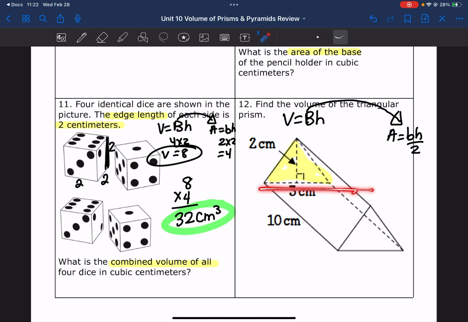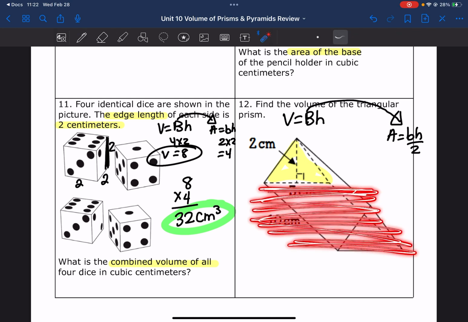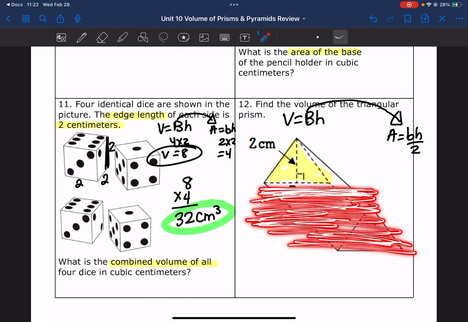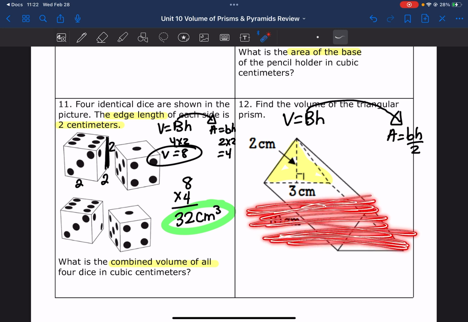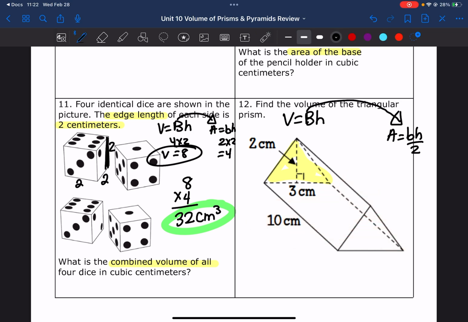If I cover everything but this, okay, the base of the triangle is 3 and the height is 2, okay? So 3 times 2 divided by 2. And again, 3 times 2 is 6. 6 divided by 2 is going to be 3.